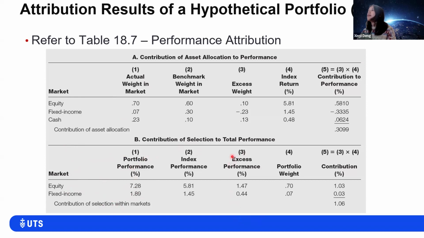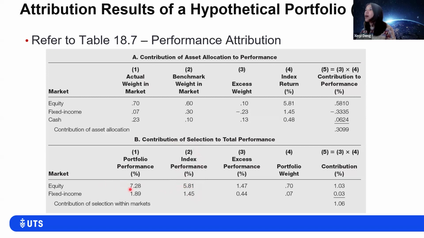To calculate the contribution of selection, we focus on the excess performance of each market segment. How do we calculate it? We just use the portfolio performance minus the benchmark index performance.